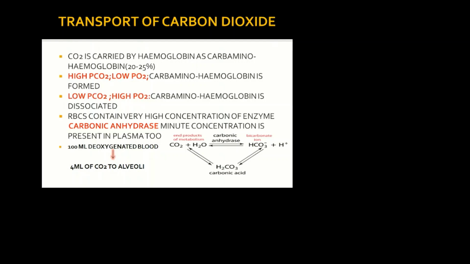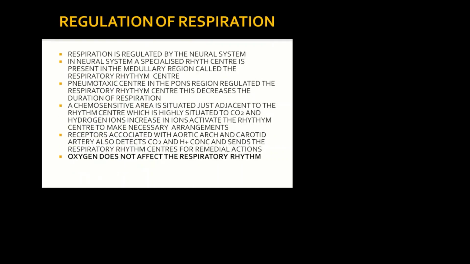Also carbonic anhydrase converts CO2 plus water, carbon dioxide and water, to carbonic acid. So every 100 ml of deoxygenated blood supplies 4 ml of carbon dioxide to alveoli and takes in 5 ml of oxygen to transport it to the tissues.